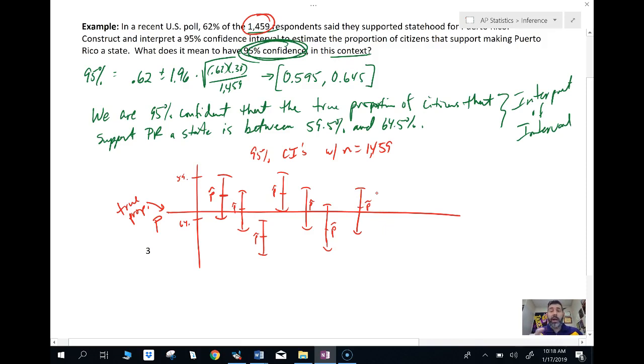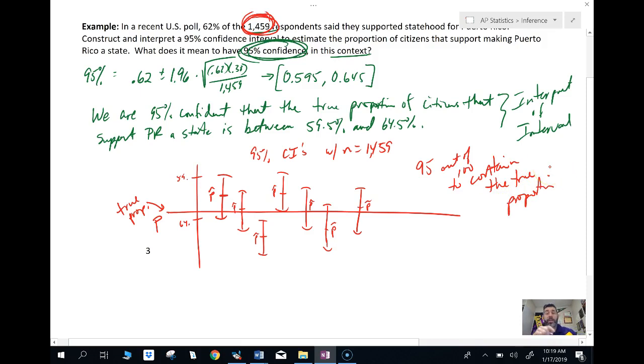If I created 100 confidence intervals based on this sample size, 1459, I can expect 95 out of 100 to contain the true proportion.